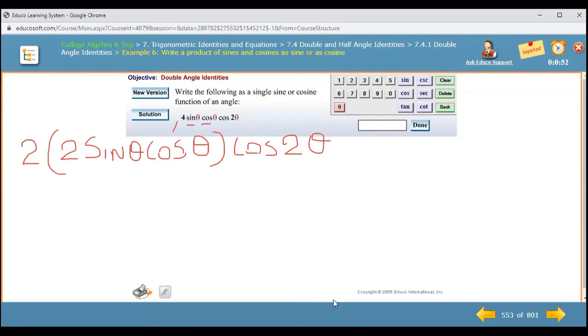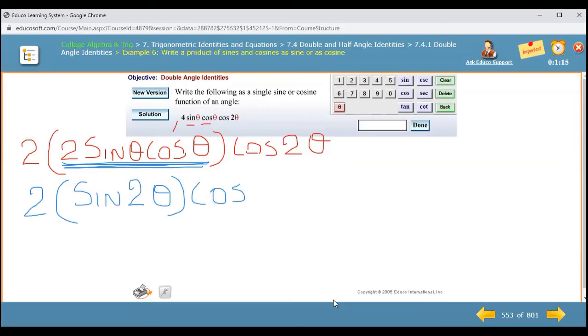Now if you have your cheat sheet with you, 2 sine theta cosine theta is what? It is actually sine 2 theta, and we have cosine 2 theta.